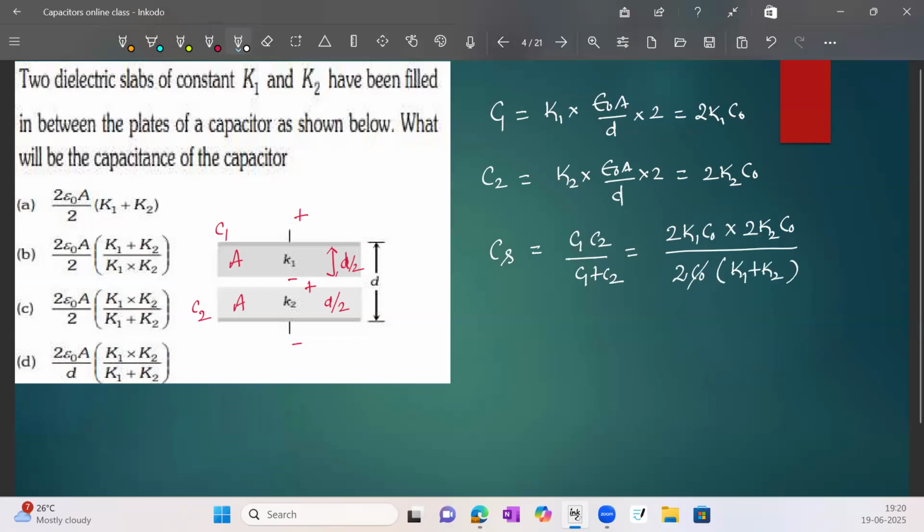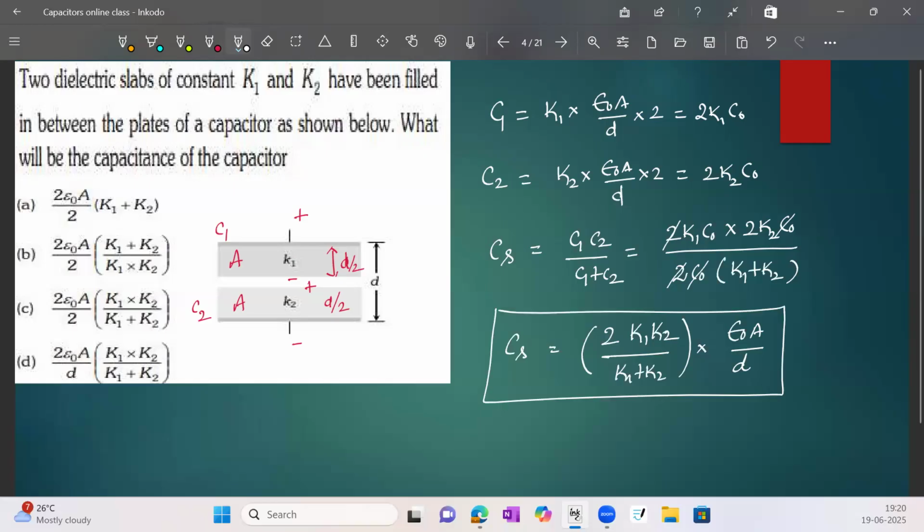So in the numerator one C0 gets cancelled. So CS equals 2 K1 K2 by K1 plus K2 into C0. C0 value we have is epsilon naught A by d.